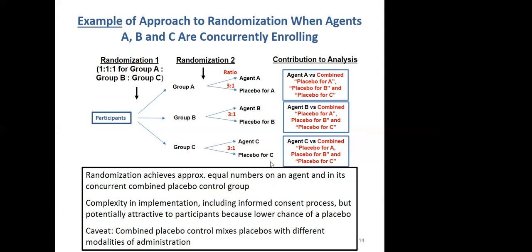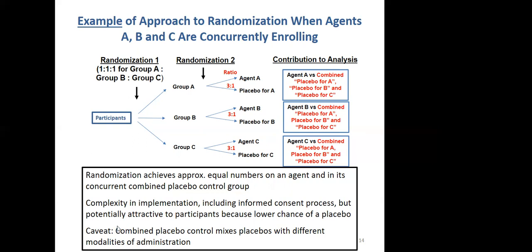But what we actually found, and I raised this question recently on a clinical site call, it turns out that this is actually a potentially attractive design for participants as well, because they have more of a chance of getting a potentially active agent than getting a placebo. So although the consent process is definitely more complex, there is that attractive element.